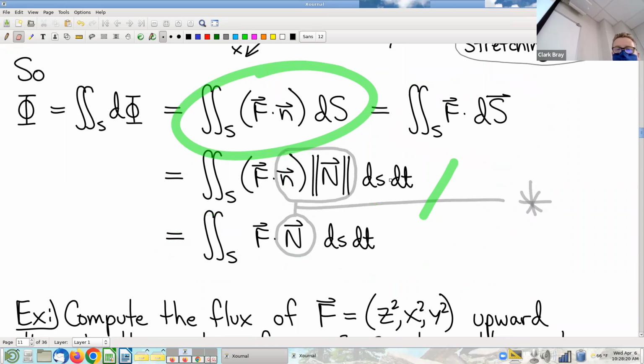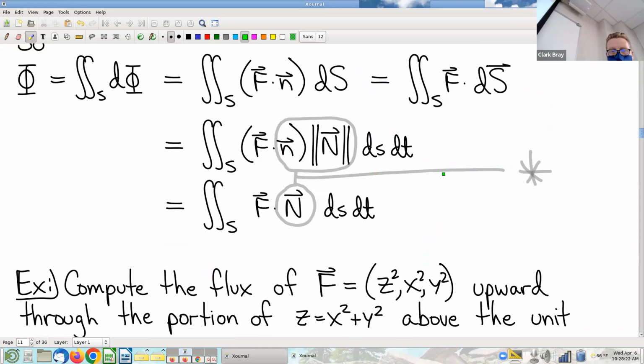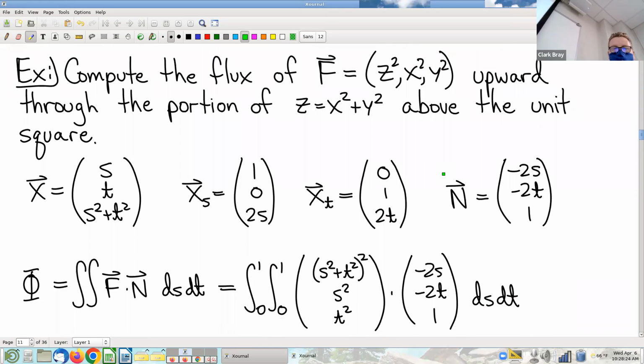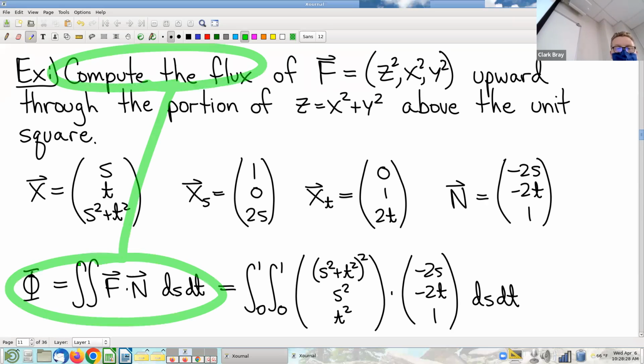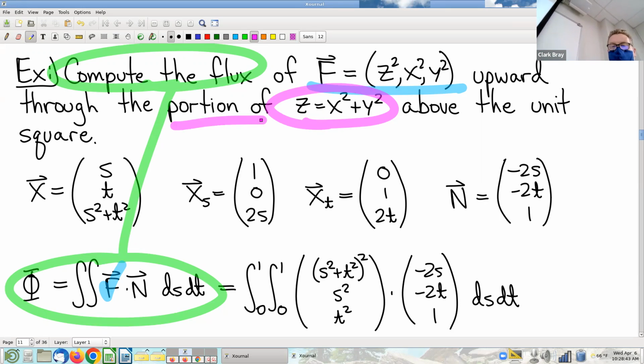Okay, now let's compute one. So we want to compute a flux. We've been given the vector field, and we've been given the domain here. Let's see, we're looking at that paraboloid, and we're going to look at a particular portion of it over the unit square.